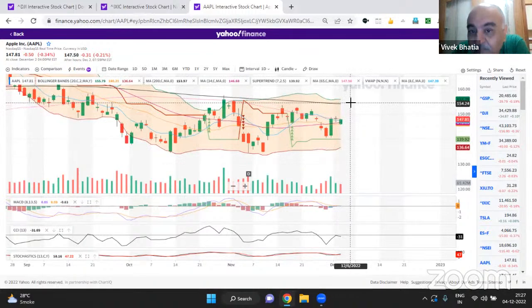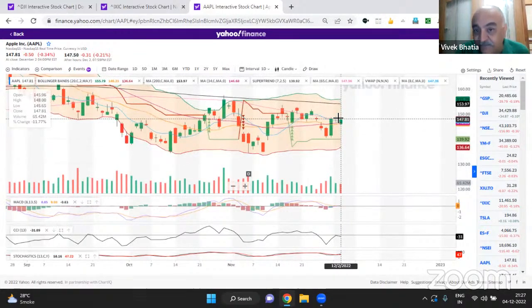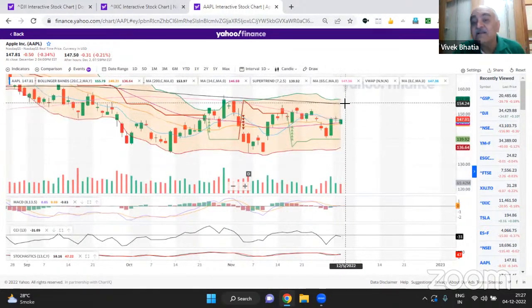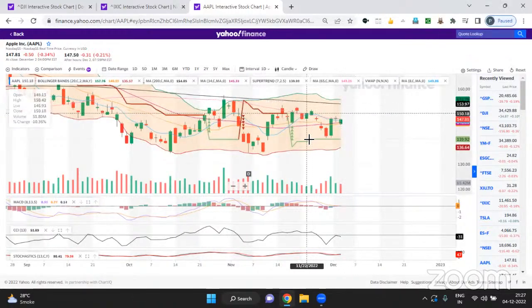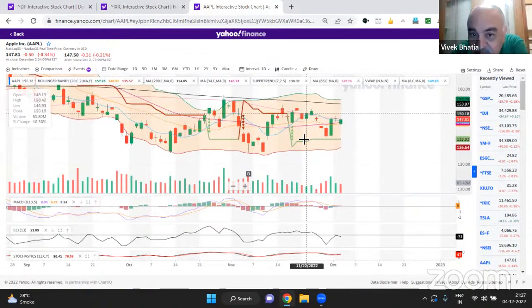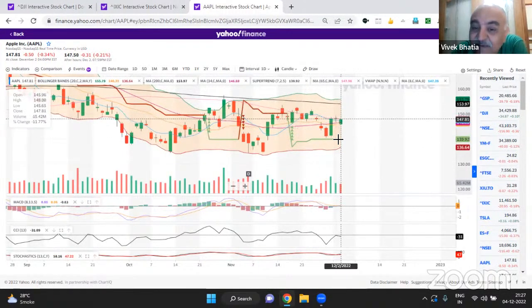So if it moves up and breaks, they fall in line properly, this can go further up. First target should be something around here at 155. Sure, sir. Right? But the only thing is the super trend has turned flattish. So your super trend level of 140 should act like a support for this stock here.